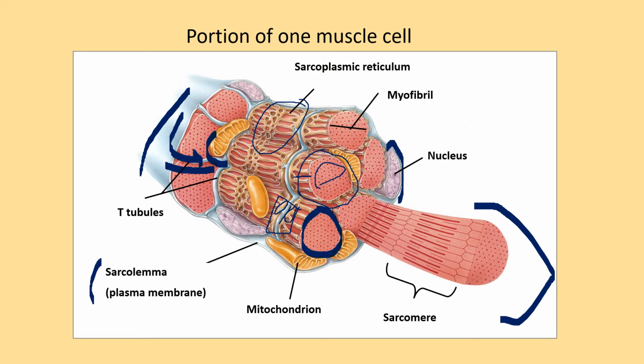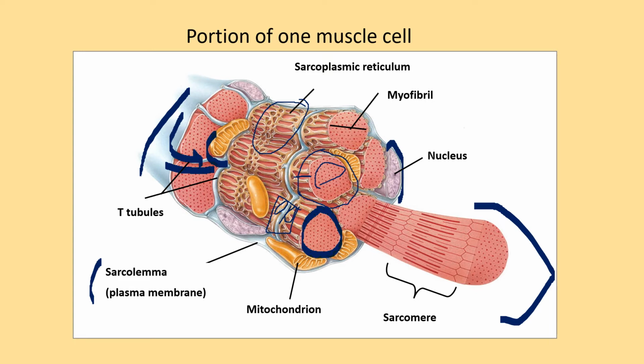And why is that physical relationship so important? Why is a T-tubule surrounded on all sides by sarcoplasmic reticulum, by the terminal cisternae, if you remember that term? And if you've never heard of that before, it's okay. A triad is one T-tubule plus the two terminal cisternae of the sarcoplasmic reticulum on either side.